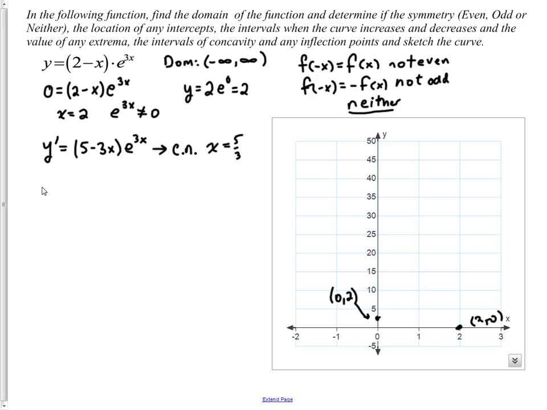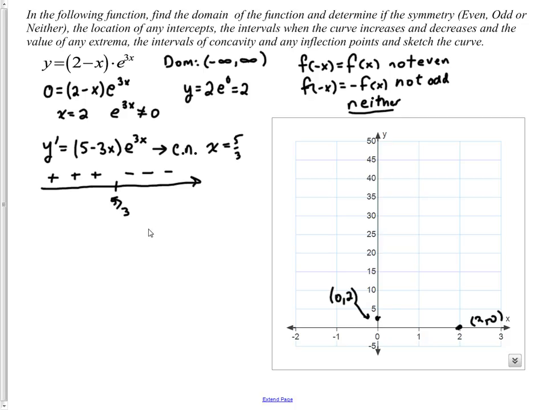So we look to determine whether or not this function is going to be increasing or decreasing on either side of 5/3. If we substitute in a value to the left of 5/3, for example 0, that's going to give us a positive value. Whereas if we go to the right of 5/3 and choose a larger number such as 2, we note that this function is going to be negative.